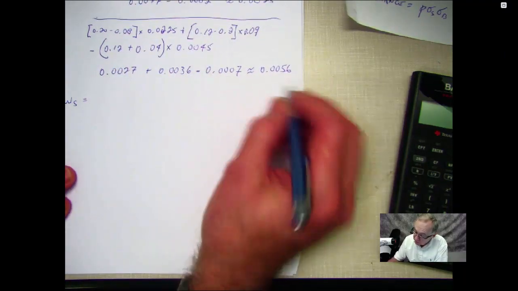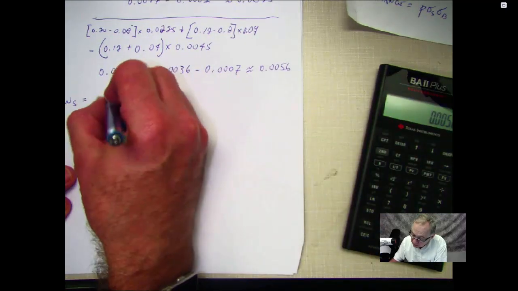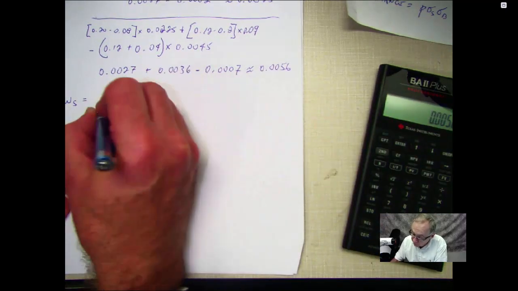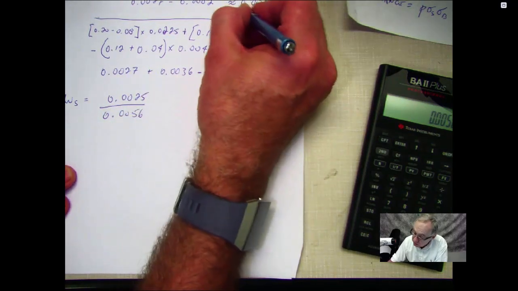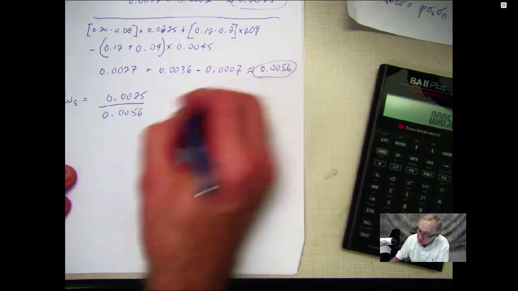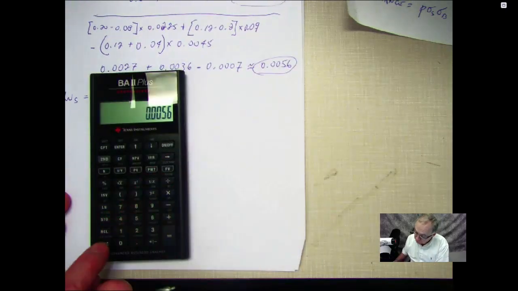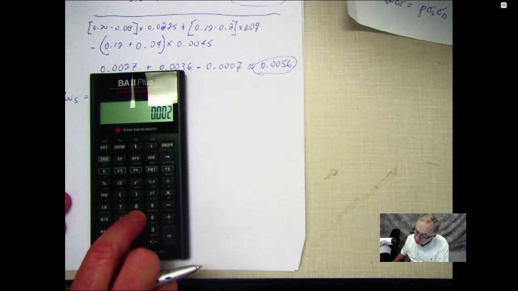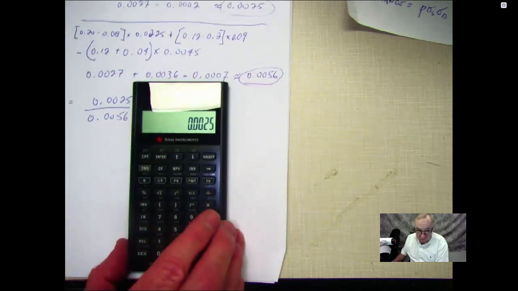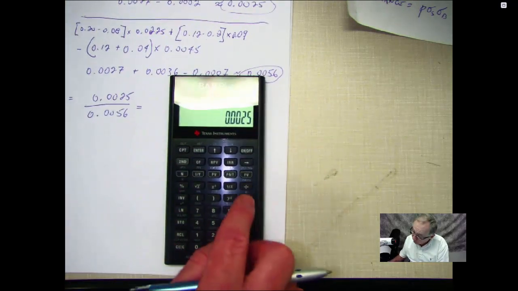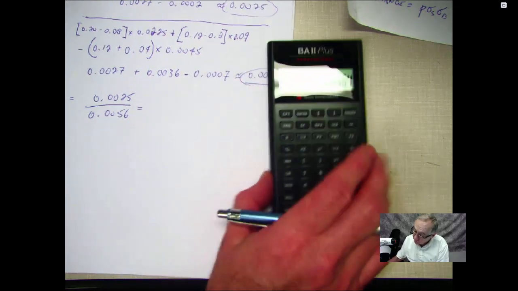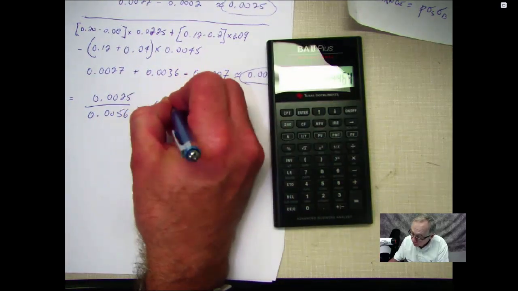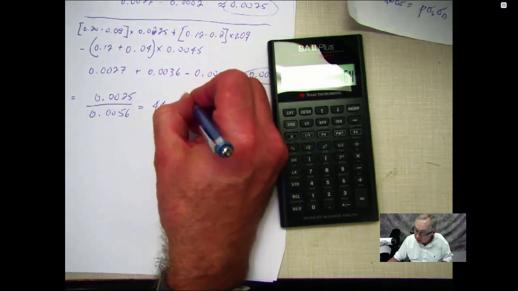Now, the weight of the stock fund is going to be 0.0025, all divided by 0.0056. This was our numerator, this is our denominator. 0.0025 divided by 0.0056 is 44.64%.